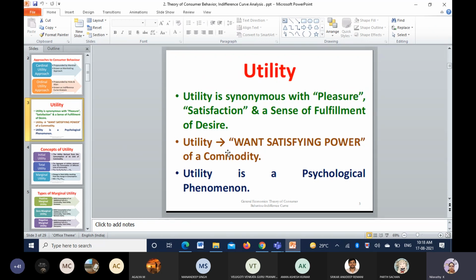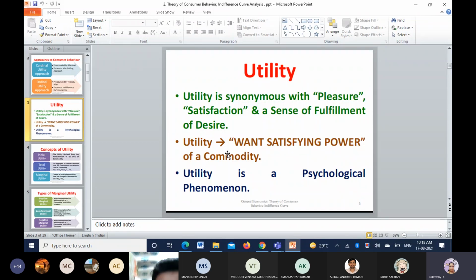Okay, so the next one is the concept of utility, as I said. Utility is synonymous with pleasure, satisfaction, the sense of fulfillment, or how my desire is being satisfied. All these things are utility. So in economics, in one word, instead of saying satisfaction or pleasure, I use utility.